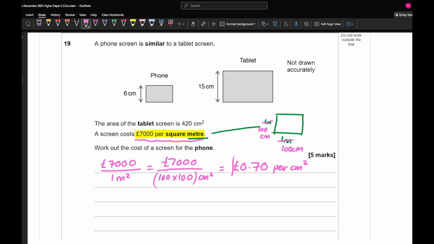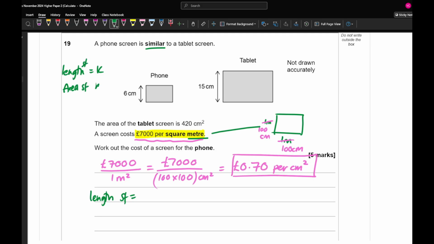Now, once I've got the new price per square centimeter, I then need to go about working out what the area of the phone screen is in centimeters. Now, here, if the length scale factor, as they're both similar, is K, let's say, then the area scale factor is going to be K squared.